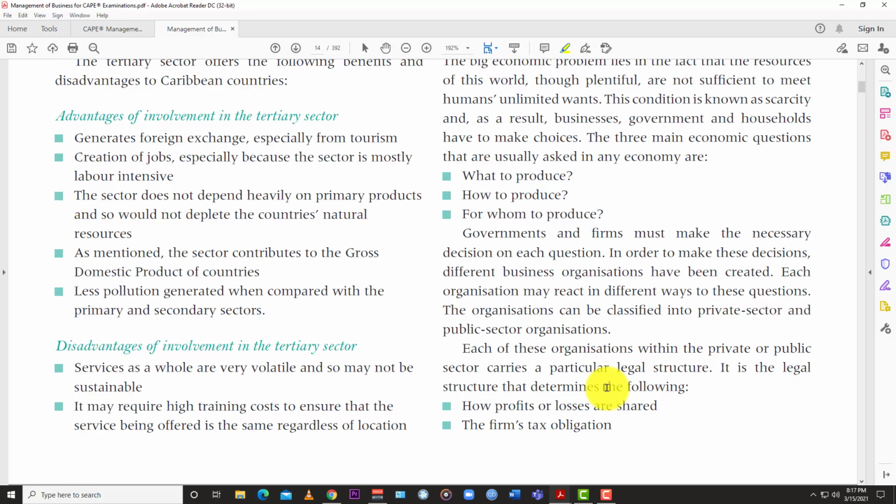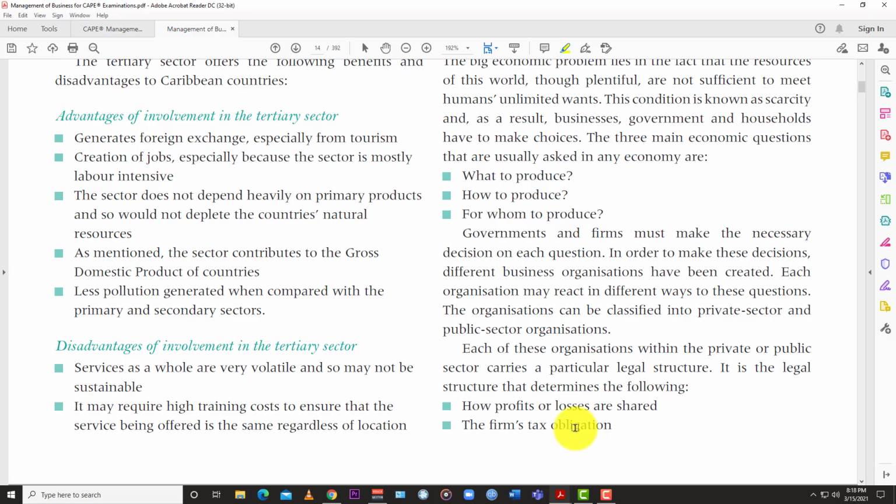So you are going to choose which one you really want to do, and you're going to choose based on certain things, such as how profits or losses are shared. For example, under the sole trader, you know that you take all the profits, you take all the losses because you are alone. Then there are the firm's tax obligations.